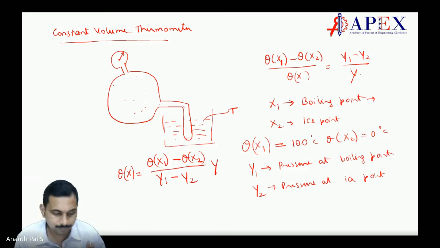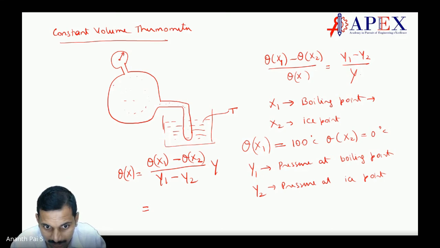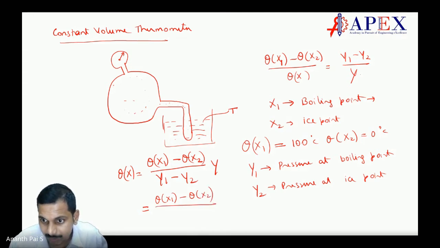Make sense, students? Now if I write this down till here, this can be written as 100 minus 0, or instead of y, I'll put theta of x1 minus theta of x2 divided by, instead of y1 minus y2, the pressure at the boiling point, which I will say is PB, or P steam.